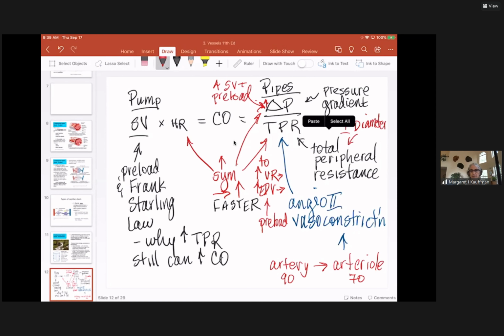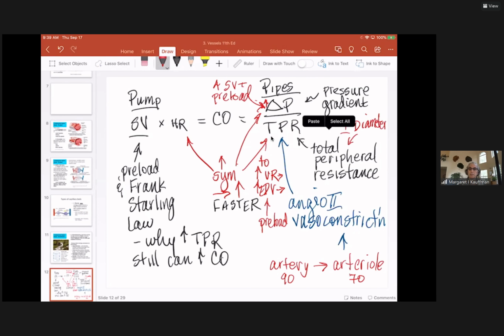So I threw angiotensin 2 in there because, of course, angiotensin 2, even more substantially, these guys, sympathetic and angiotensin 2, really cause vasoconstriction, and therefore they cooperate together to do that.